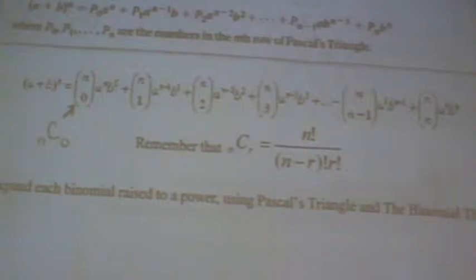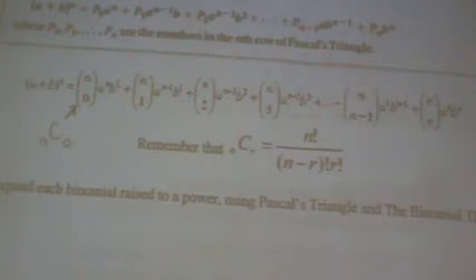And these parentheses with the n and the 0 are just another notation for combinations. This would be C with an n and a 0. That is what the parentheses mean.